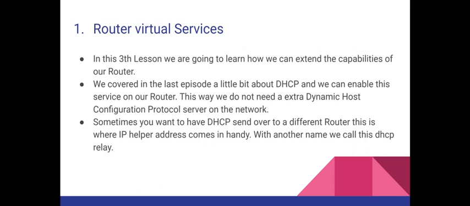So that's good to keep in mind. And also, sometimes you want to have your DHCP services on a different network, and that's where an IP helper address comes in handy. Another name for this is a DHCP relay. So we're relaying our DHCP signal to a different network.